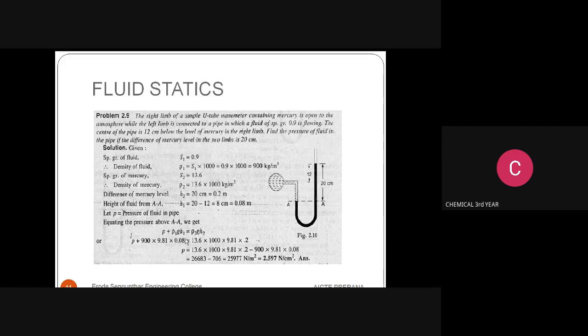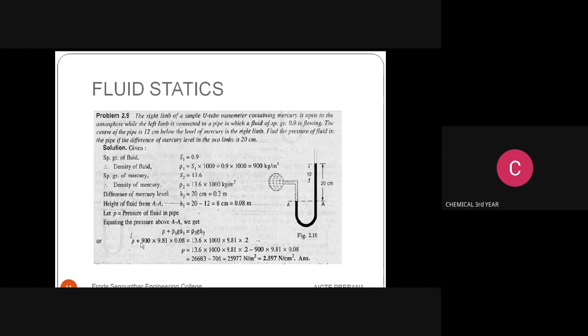So P plus rho 1 g H1 is equal to rho 2 g H2. So that is what they have asked. So this is the equation to determine the pressure of the fluid.